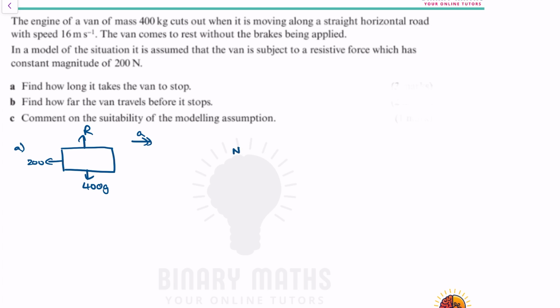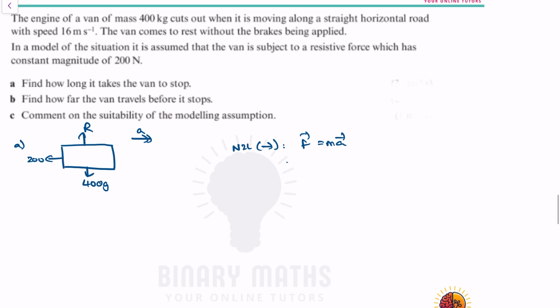So Newton's second law horizontally: F is equal to mass times acceleration. Forward is to the right, so the resultant force is actually minus 200, because the 200 is acting in the opposite direction. Acceleration is equal to minus 200 over 400, which means acceleration is equal to negative 0.5 meters per second squared.